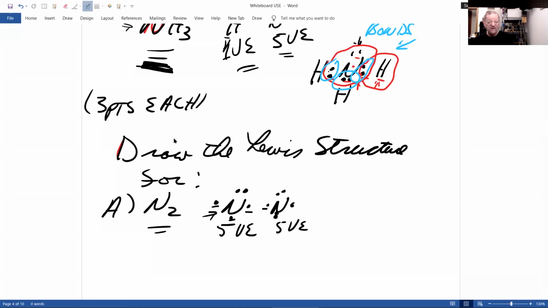You have 1, 2, 3 unpaired electrons. Let's share. The non-bonding electrons are still coming along for the ride. 1 pair, 2 pair, 3 pair. And what do we call that? This is a triple bond.